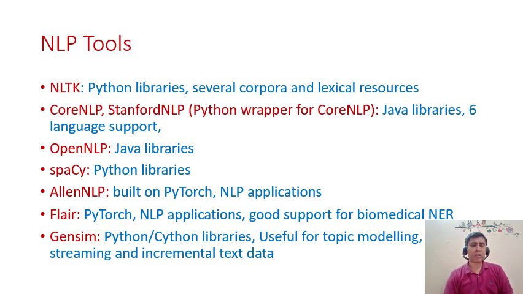But if you see NLTK, CoreNLP, these are very, very commonly used tools for the basic pre-processing of any corpus. So again, as I said, try to explore each one of them, try to play with some of the data. Some of these tools come with some default corpus, so that you can start playing with them and understand how it actually works.